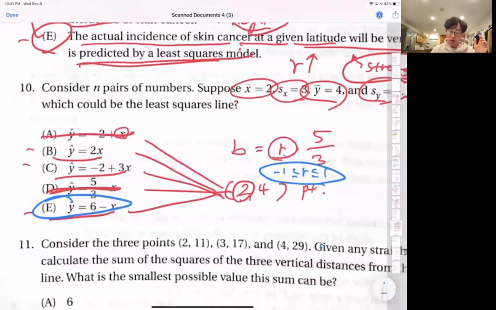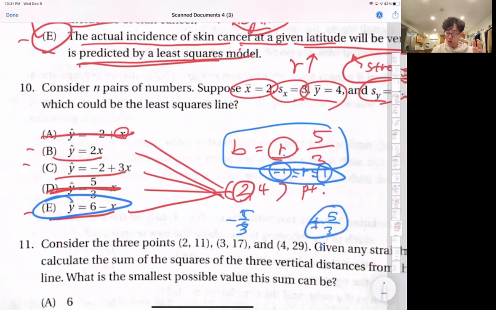So if you were to plug in a very big or very low number for R, the highest slope that it can go to is positive 5/3 and -5/3. It can never go to a slope of 2 or 3. That's just way too high. So the answer is just going to be E for that reason.